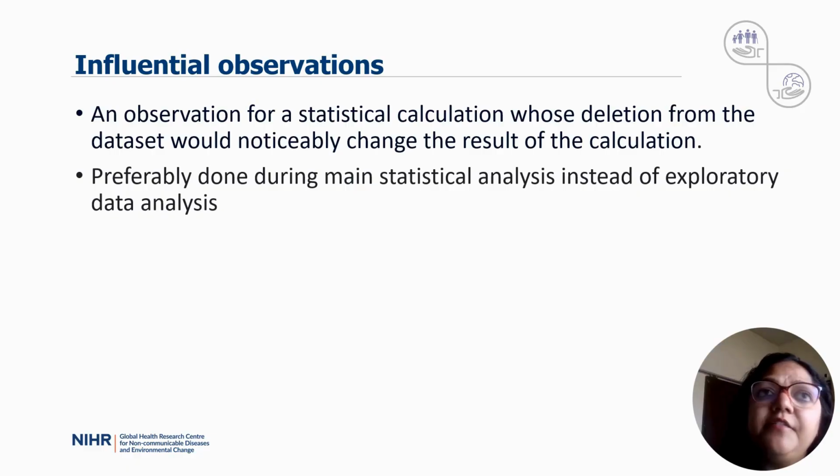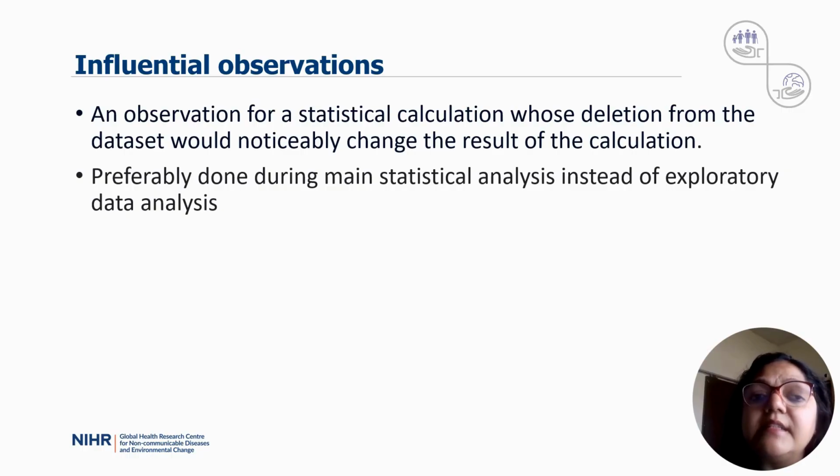Generally, the identification of influential observations is done during the main statistical analysis. That is, after we have explored the presence of outliers and identified them during the exploratory data analysis stage.